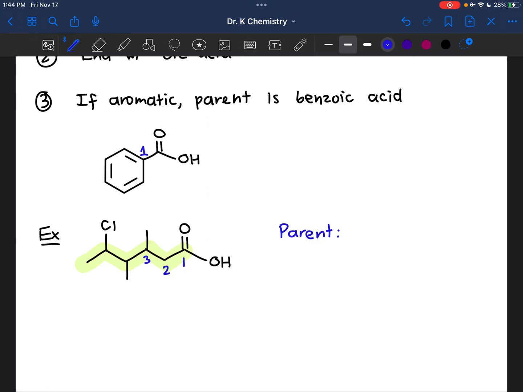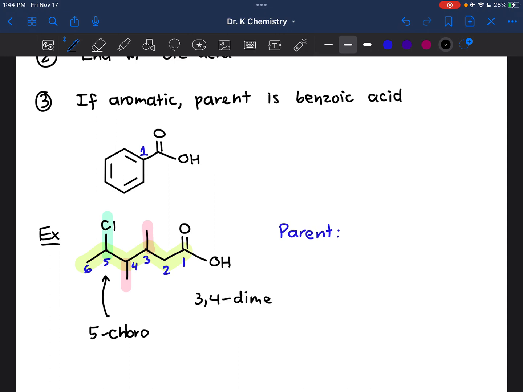In the linear chain, we'll give the carboxylic acid carbon 1 and then continue to the left. So here we're prioritizing the carboxylic acid over the substituents. Then on carbon 5, we have a chloro group. And on carbons 3 and 4, we have methyl groups.